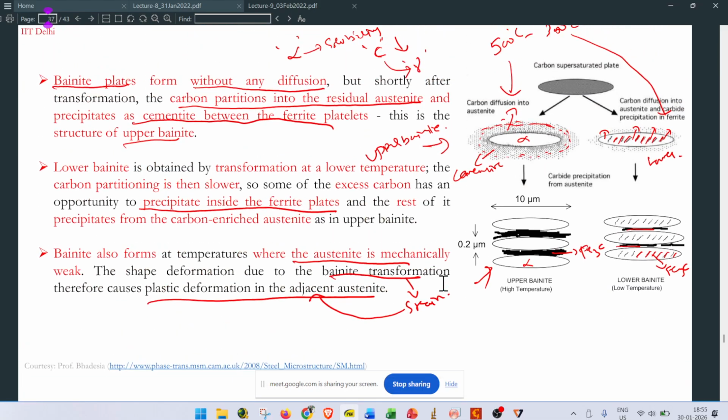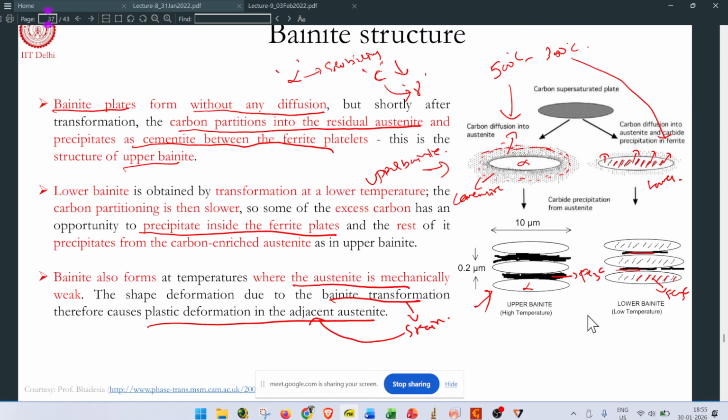As I said, there are two different kinds of bainite phases: upper bainite and lower bainite. Upper bainite means we are holding at a bit higher temperature.